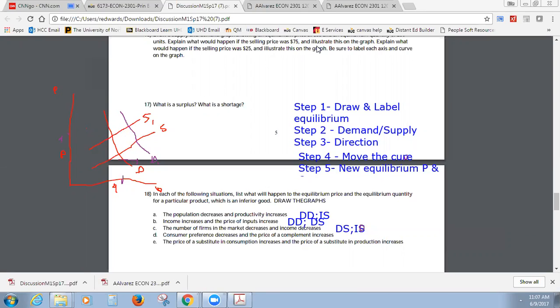If I take everything off of here, go back to my original supply and demand. All right. Consumer preferences decrease and the price of a complement increases. I think I had that here. All right. Both of them are going to cause the demand to decrease. You're going to draw your demand curve here, label it D sub 1.